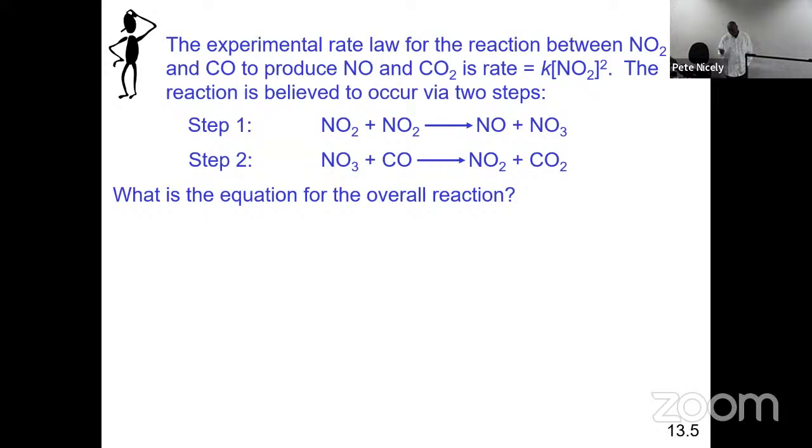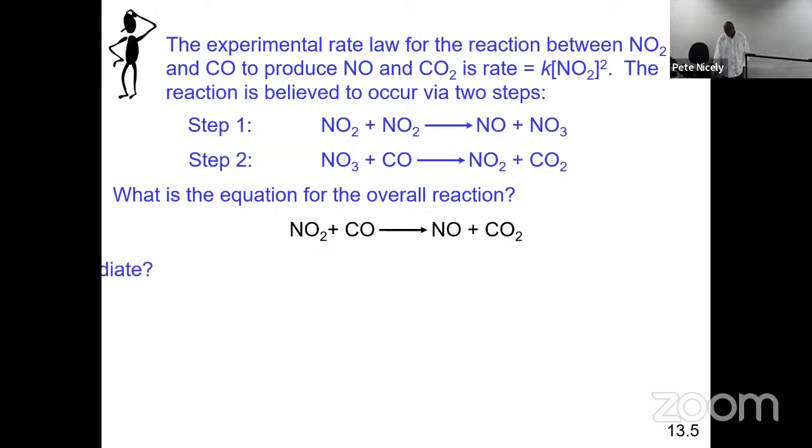Of the two NO2, one of the NO2s will cancel out. Right, so NO2 plus... to give you? Exactly. Those are the items that will cancel out. So you're going to end up with NO2 plus CO to give you NO and CO2.